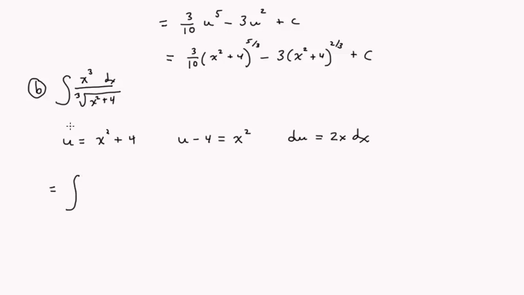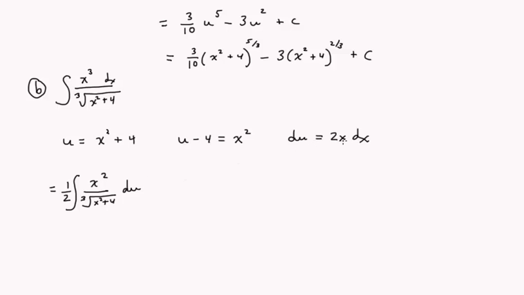We're going to start off by saying x cubed is going to be x squared times x dx. So you can see I'm going to pull out a 1/2 here. Then we're going to have x squared over cubed root of x squared plus 4 du.